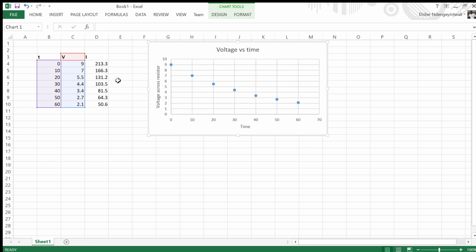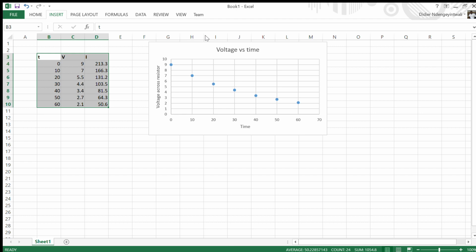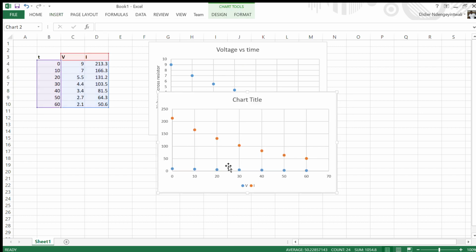We would like to do the same thing for the current. So I'm going to select all three columns and go through the same steps. Okay. So current is in orange, voltage is in blue, but I don't need the voltage, so I click on any data point, delete, and it's gone.